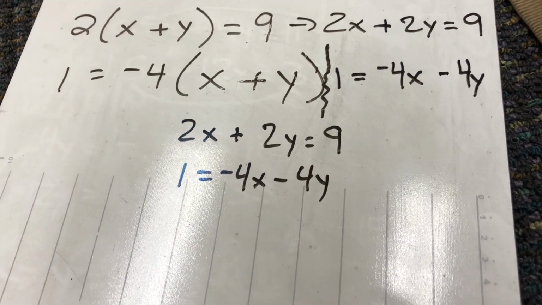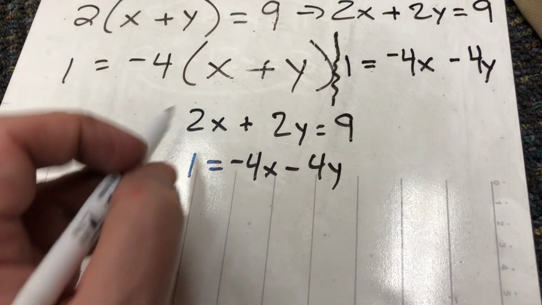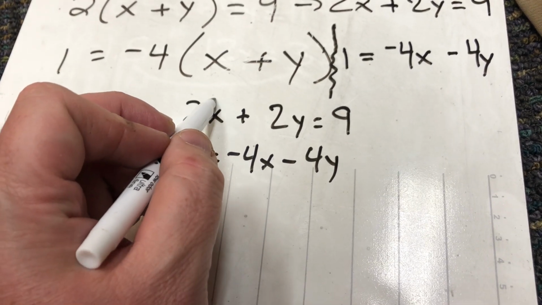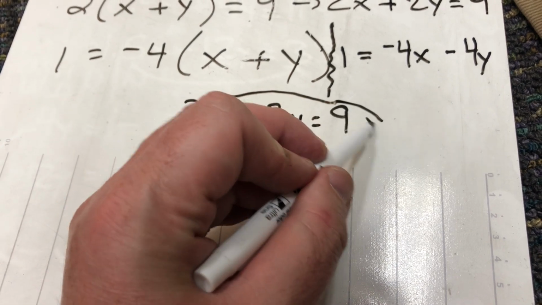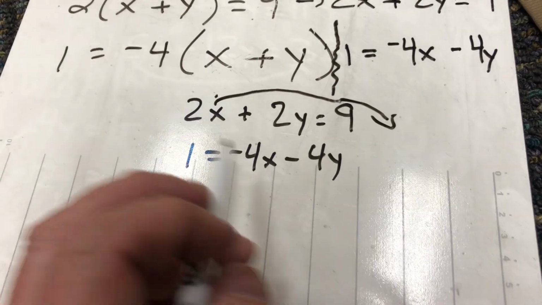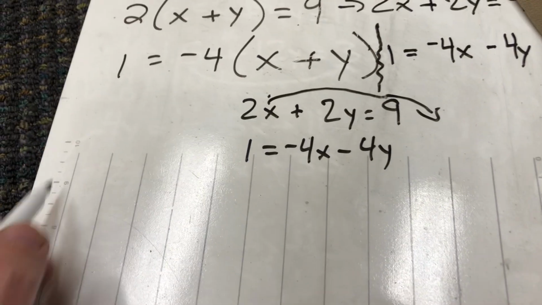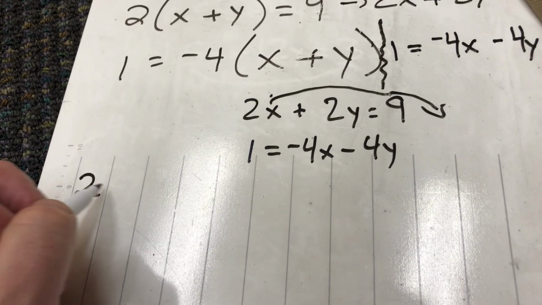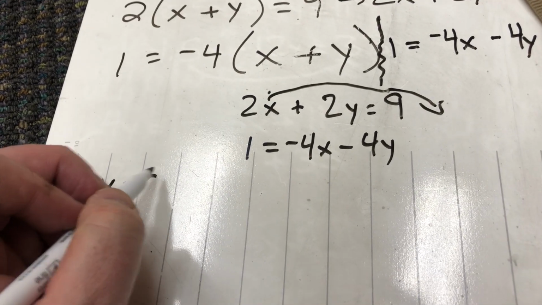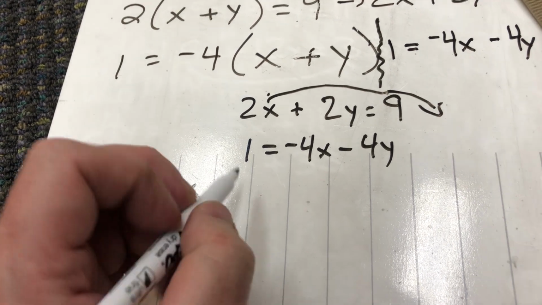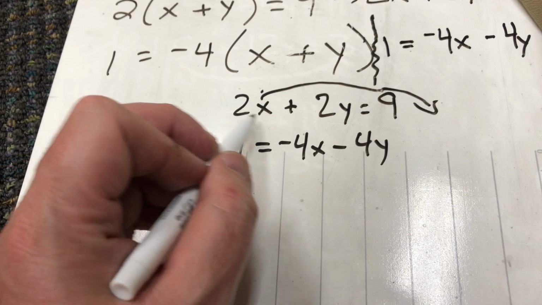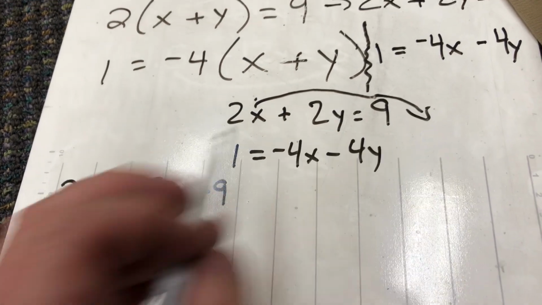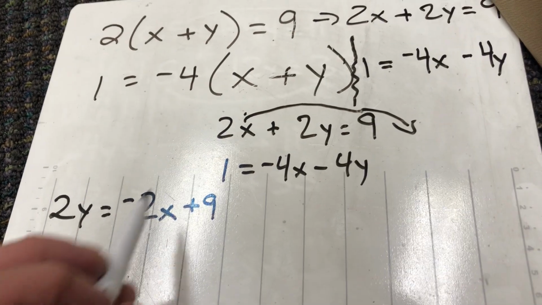First of all, let's get things in slope-intercept form here. In the first one, I can take the 2x and bring it over by subtracting 2x from both sides. That leaves me with 2y equals negative 2x plus 9, because 2x minus 2x leaves nothing, and nothing minus 2x leaves negative 2x.